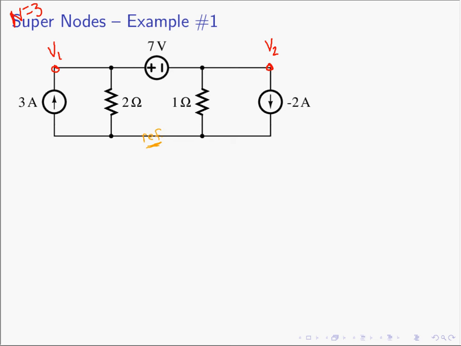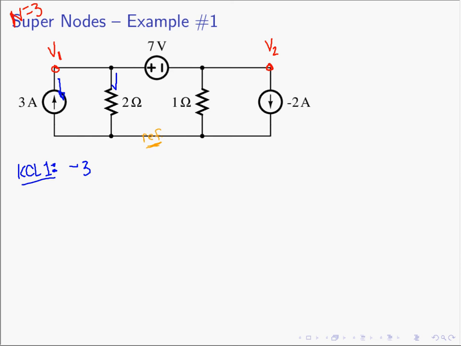Next step, write the n-1, in this case 2, KCL equations. So write KCL at each node. I like to write the currents leaving each node because it sets up the passive sign convention naturally for us. We're going to write KCL at node 1. The current going in this direction, the arrow is opposite of what's drawn on the circuit, so we know that the current is going to be minus 3 amperes.